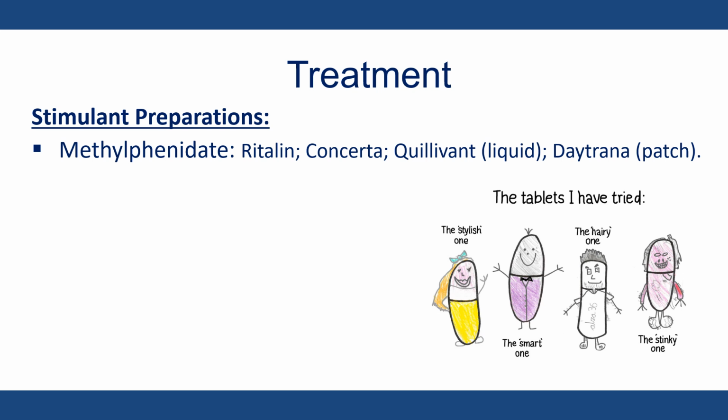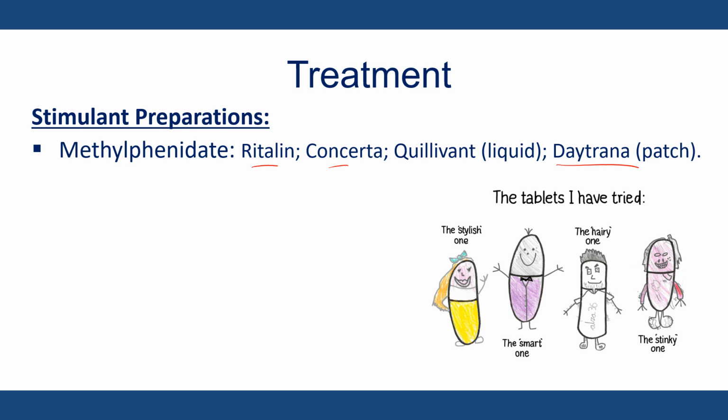All right. The example under stimulant preparations are methylphenidate, and I think these names are very familiar to you, Ritalin, Concerta, and so forth. One side note I want to talk about Daytrana is the patch. Now that's a good thing, because you may have a child who's not able to swallow the medication, and they need a stimulant.